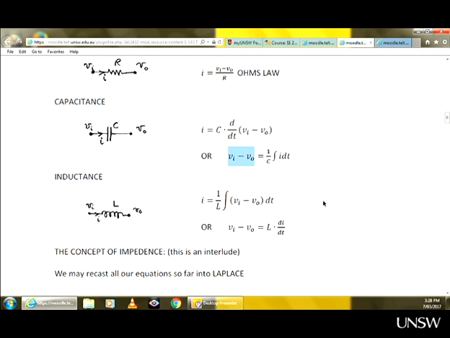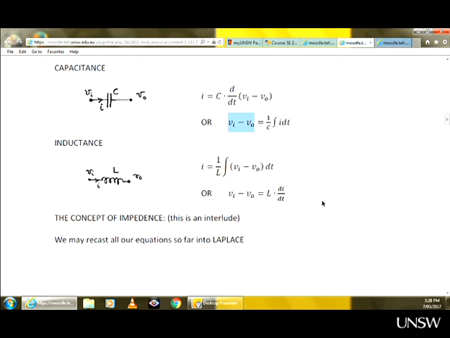And we'll do it by converting some of the equations we had so far into the Laplace domain, into the s domain.